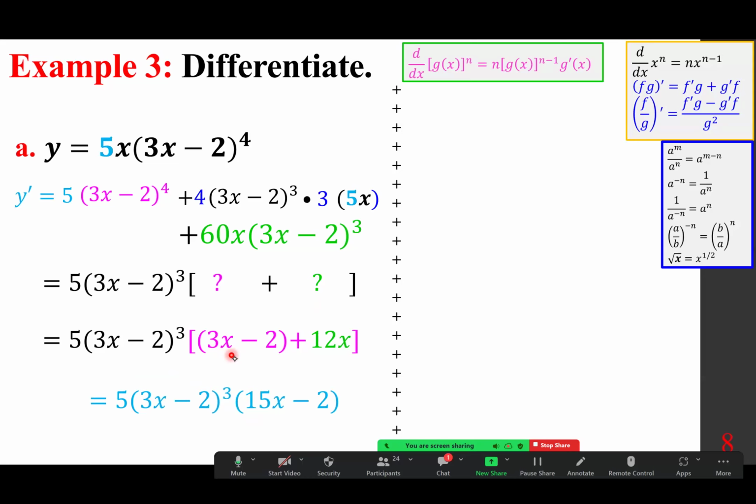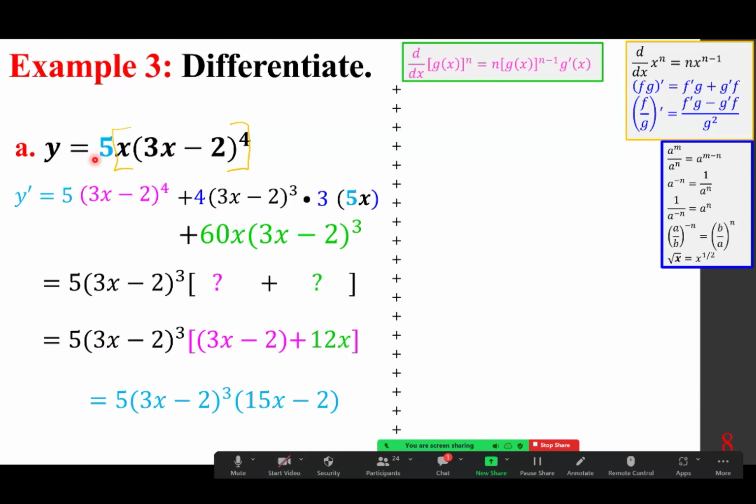Now, what I want to add is the importance of understanding that if this number is involved, you don't want to go this route. In which case, you put this in brackets and you differentiate this, you keep everything in brackets and the 5 out.